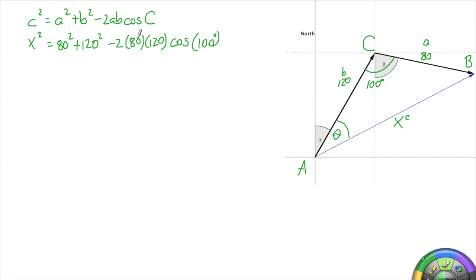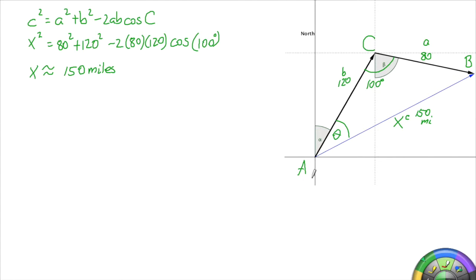Now, when you type all this mess into a calculator and take its square root, you get x is approximately, not exactly, but approximately 150 miles, if I round to the nearest mile. So that tells us how far the captain has to fly in that direction. So let's make this 150 miles.